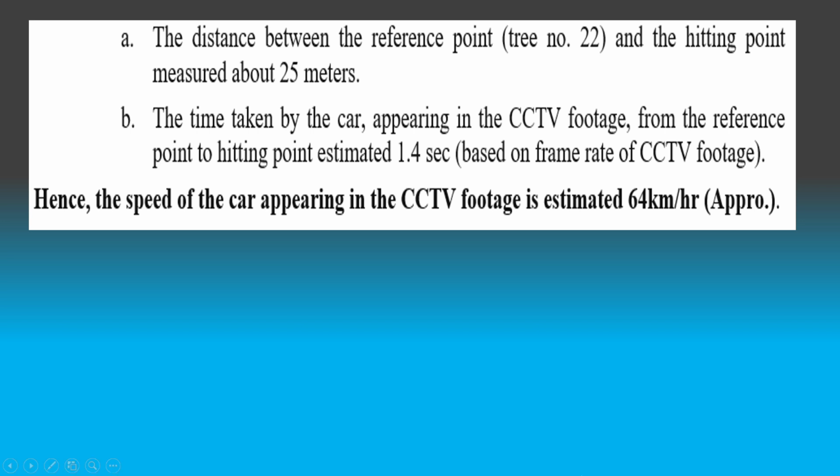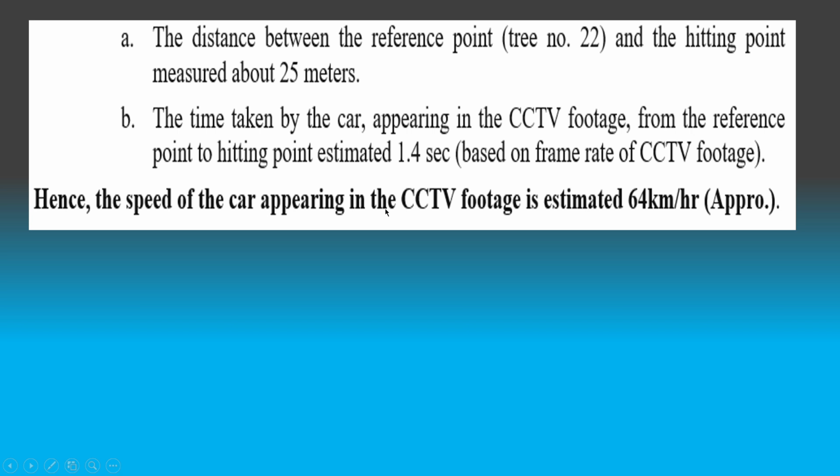In one case, the distance between reference point number 2 and the hitting point measured 25 meters. I measured this distance from the spot. And the time taken by the car appearing in the CCTV footage from the reference point to the hitting point was estimated at 1.4 seconds based on the frame rate of the CCTV footage, as I described in the previous slides.